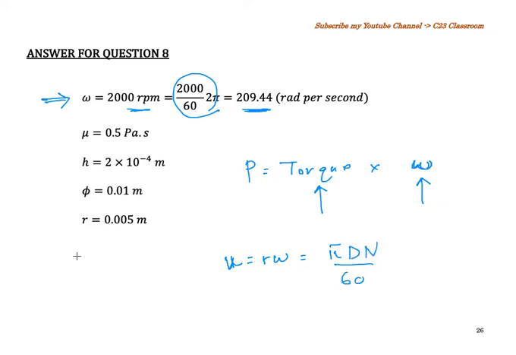And then we know from the question mu is 0.5 Pascal second. This is the gap. Please make sure that you write in SI units. This is the diameter, and this is the radius of the device.